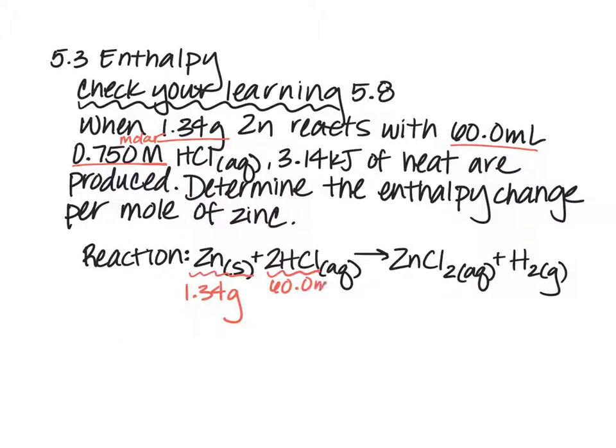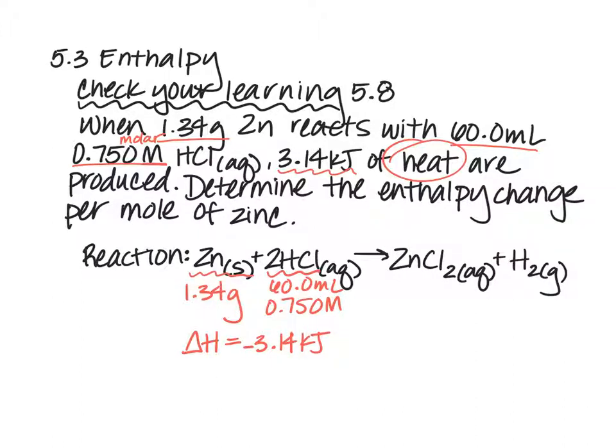So I have 60 milliliters of a 0.750 molar solution. And it says 3.14 kilojoules of heat are produced. So when it says heat is produced, that tells you that delta H for that reaction is equal to 3.14 kilojoules.